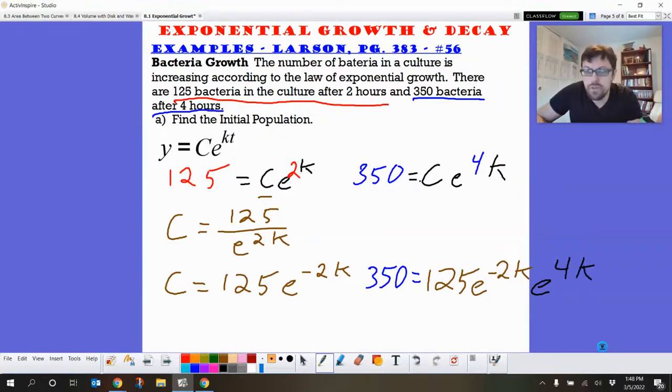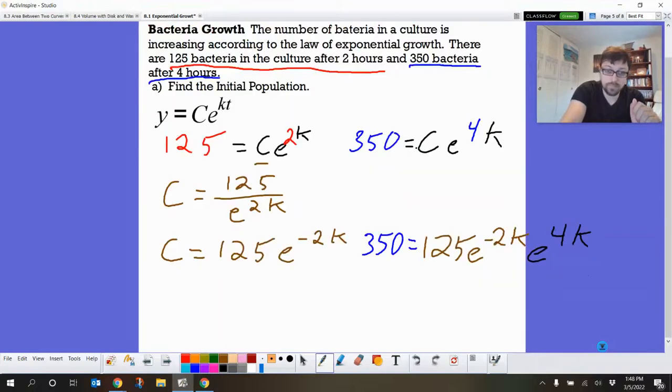Okay, well, hey, those two bases match, e to the negative 2k and e to the 4k. So let's put those together. So now we have 350 equals 125 e to the 2k. All right. Let's get rid of the 125.